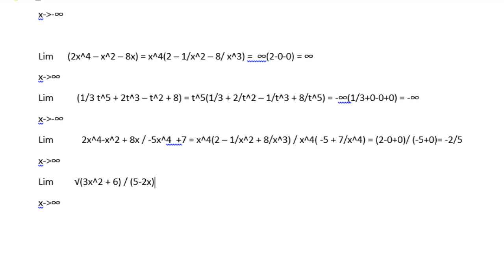Okay, something like this. So what we're going to do is factor out an x squared out of top and bottom because that's the largest. So it's going to be the square root of x squared times 3 plus 6 divided by x squared.